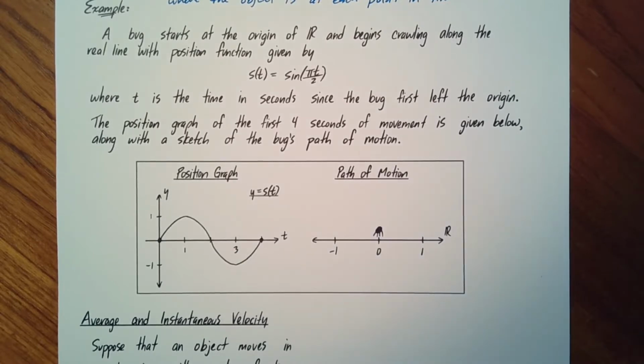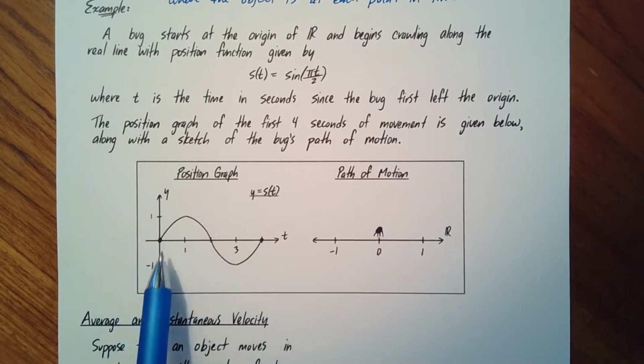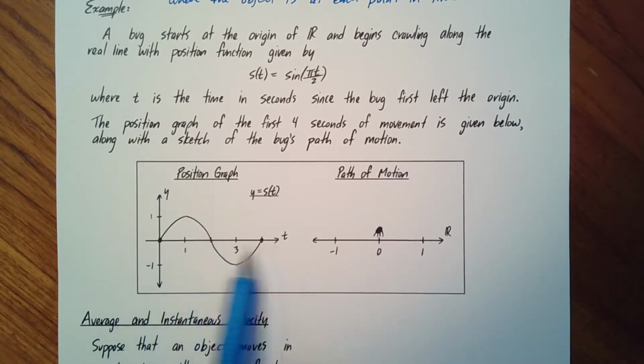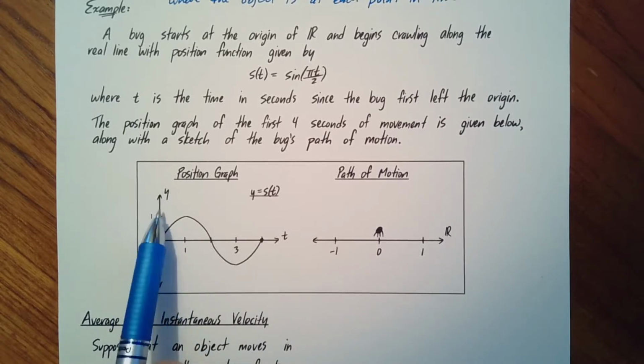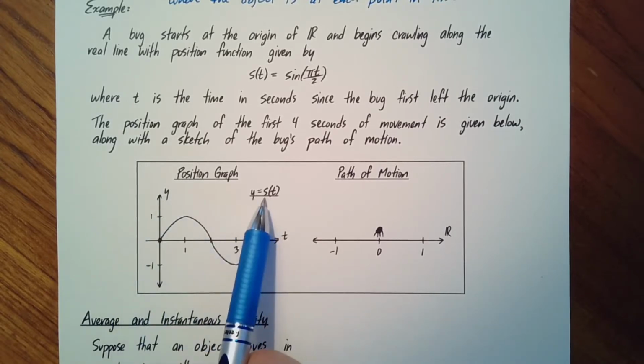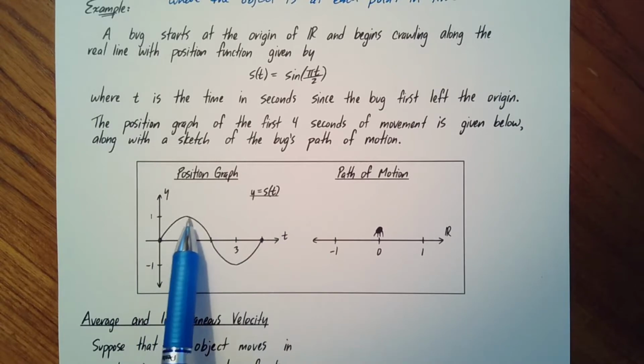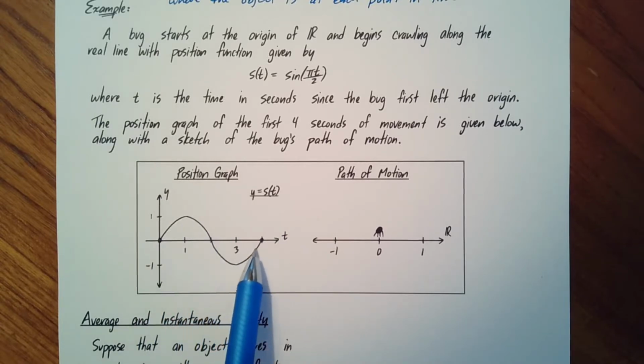Okay, so, well, let's look closely at the position graph. What does this mean? Well, look, the t-axis is your horizontal axis, and then the y-axis is your vertical axis as usual, but y is actually equal to s of t. So the y-coordinates of these points tell you the position of the bug at the corresponding t values, right?